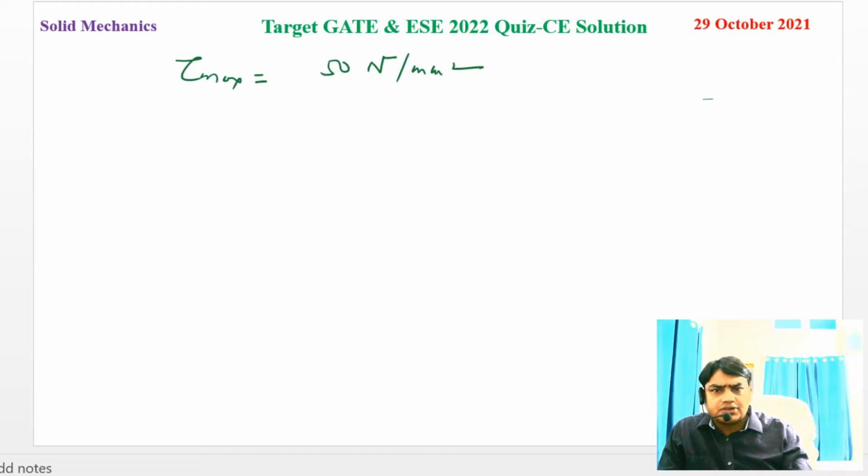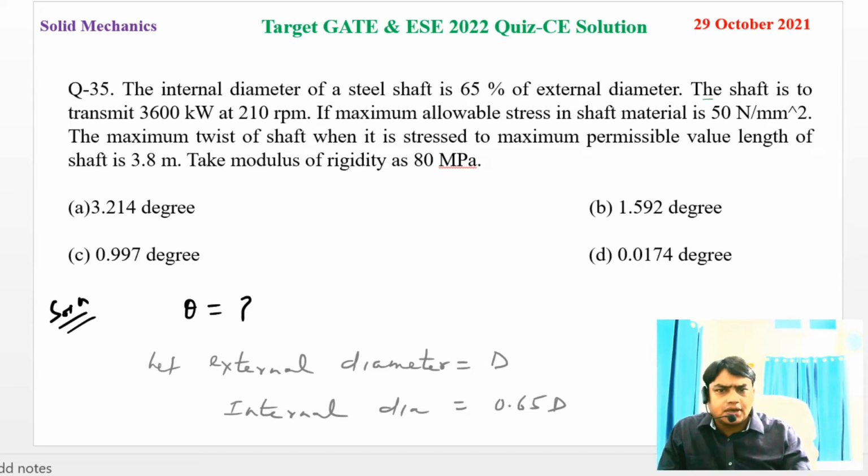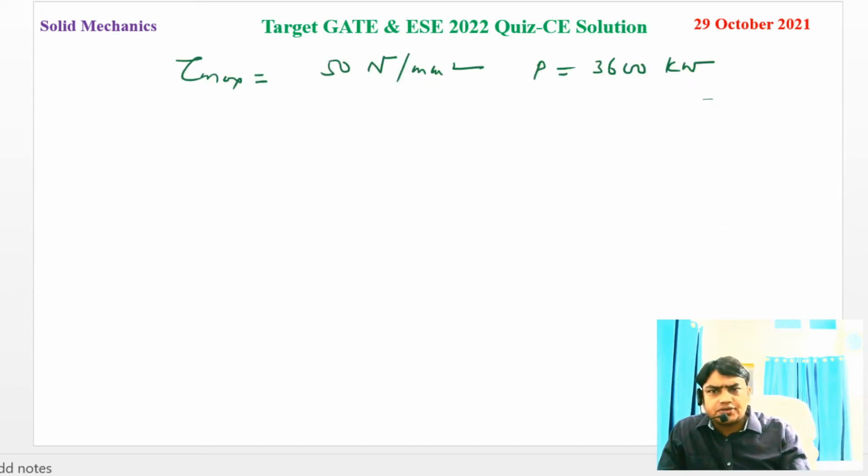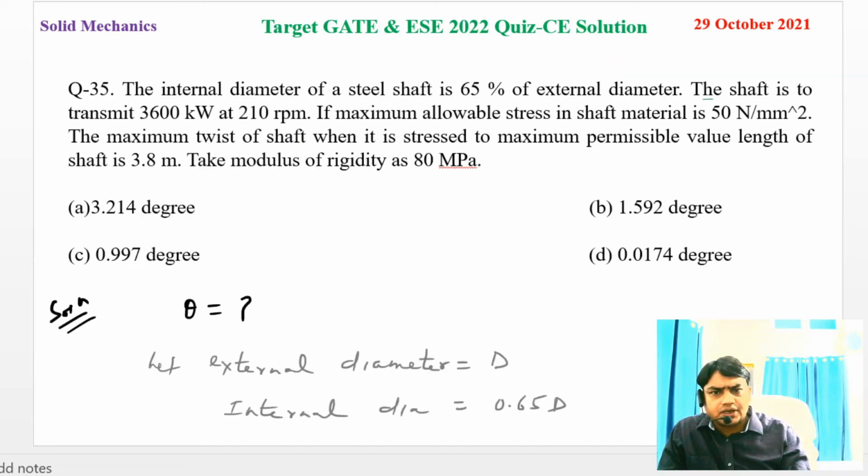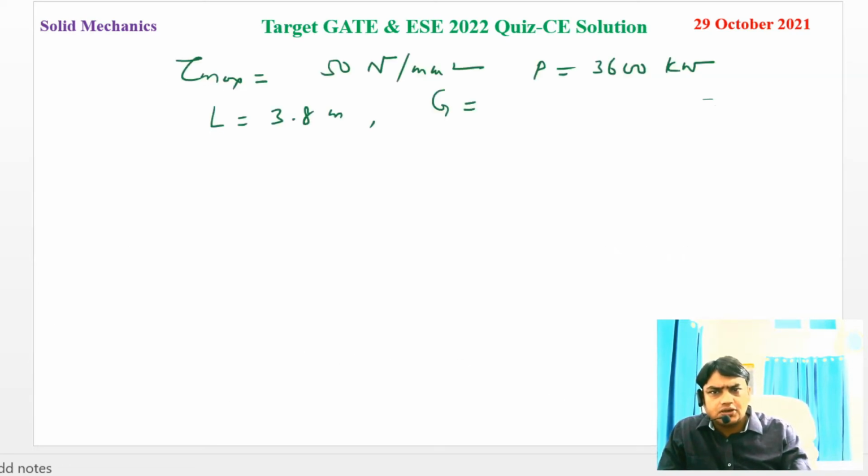Power is given as 3600 kilowatt, and the length of the shaft is 3.8 meter. Modulus of rigidity is given as 80 megapascal.